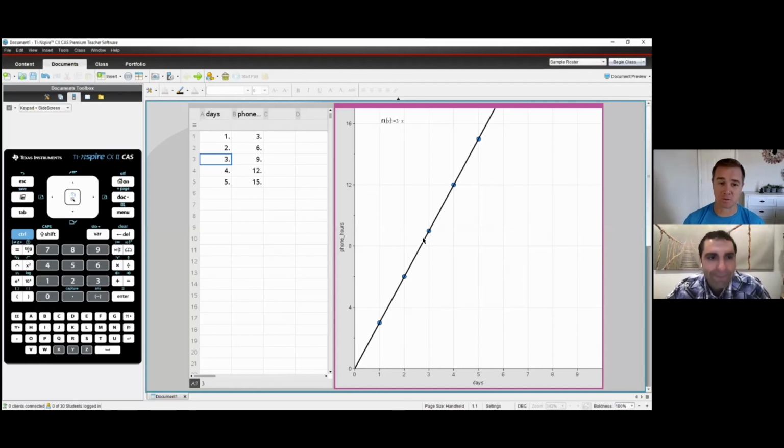In our case, phone hours is equal to 3 times days. That's what we really truly have here. The slope was hidden right there in that equation, part of the way to create the equation of the line.